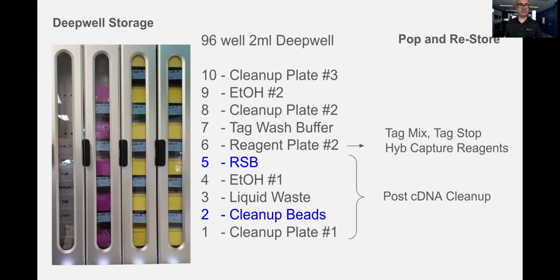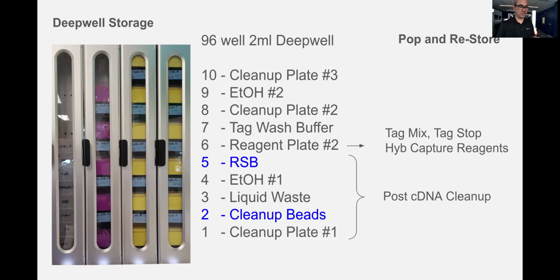As soon as it's done with all the enzymatic steps of the reverse transcription and is ready for cleanup before the tagmentation, I would dispense those 5 different deep wells that have the cleanup wells, the beads, space for liquid waste, ethanol, and the resuspension buffer. I would dispense all 5 of those, use them, and the blue ones that I highlighted, I'm actually going to save and store back into the stacker. I believe the term is pop and restore.